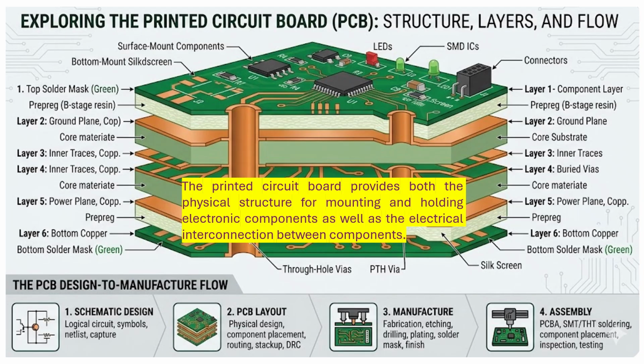So the first question is, what is this PCB, and what is its structure and layers? Let's explore the PCB. PCB is a printed circuit board. If you can remember, whenever you are building some circuits, you may be using a breadboard-based circuit.